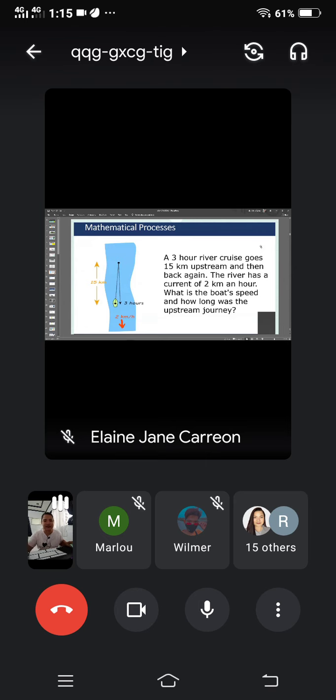So a mathematical model uses a mathematical process. So this is an example, okay? Can you see the blue one? The blue one represents the water or the river. At pag sinabi nating upstream, ibig sabihin pataas yung river. Ibig sabihin there is a current. So yung agos, pababa siya, of course, which has a current of 2 kilometers per hour.